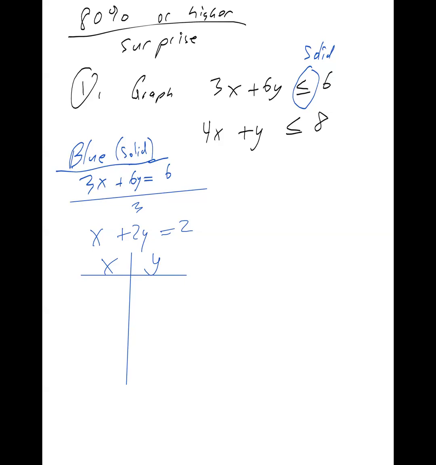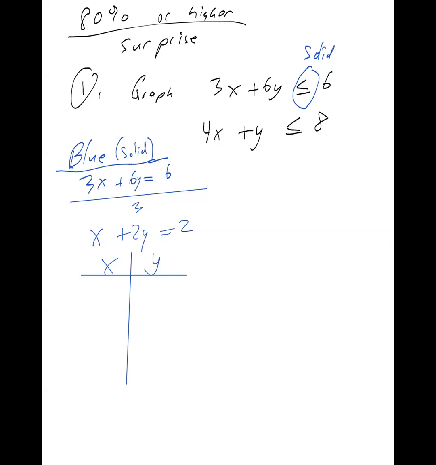Wow. So for X and Y, I have to plug in something for X and something for Y. What can I plug in for X and Y to make the equation true? What's the easiest number to plug in? How about 0?